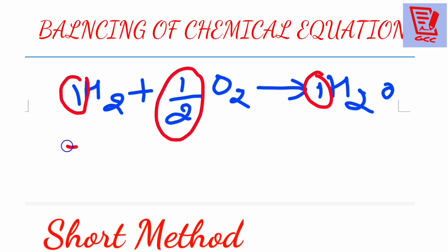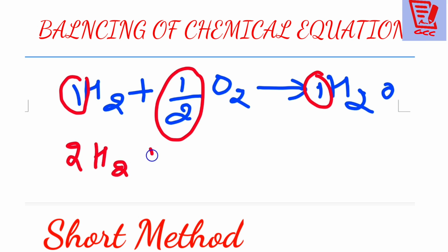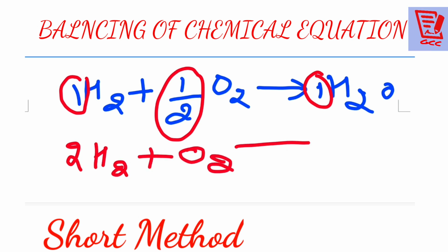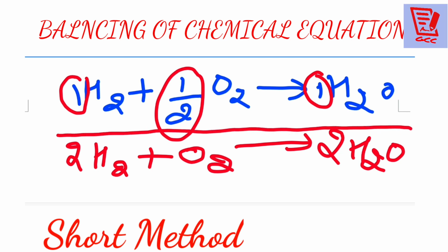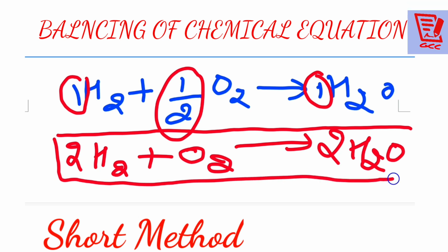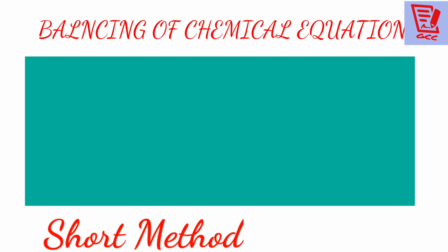You can write this equation this way also, 2H2 plus O2 arrow 2H2O. How it came? To make it the simplest whole number ratio, we can multiply the whole equation with 2, and we can write this equation this way also. Okay students, by this way you can balance any equation. You can balance any of the equations by this method.